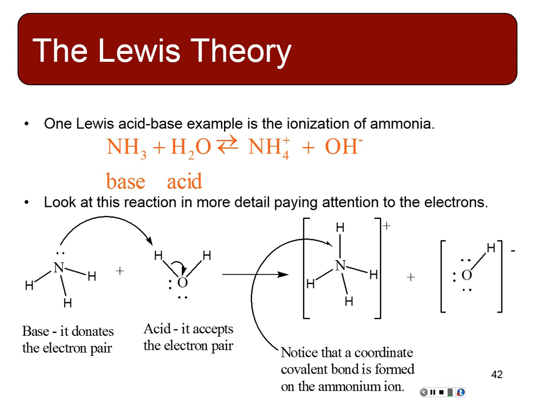So we're going to start where we have electrons at our base, and we're going to show these electrons being moved and donated to our acid. Am I going to draw my arrow to the oxygen, or am I going to draw my arrow to the hydrogen? It doesn't matter which one. Of course, we could flip it around, but it doesn't matter. So we're going to draw an arrow like this.